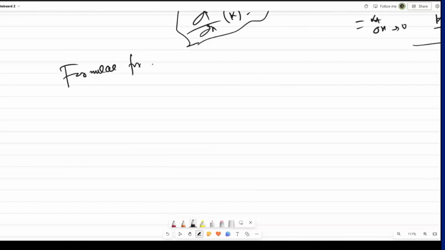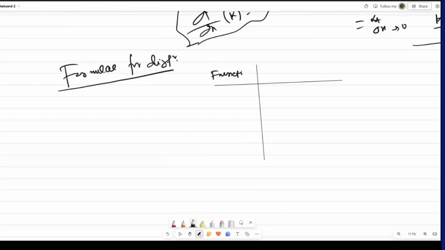Formula for differentiation. I write the function in the first row. Then I write its derivative.